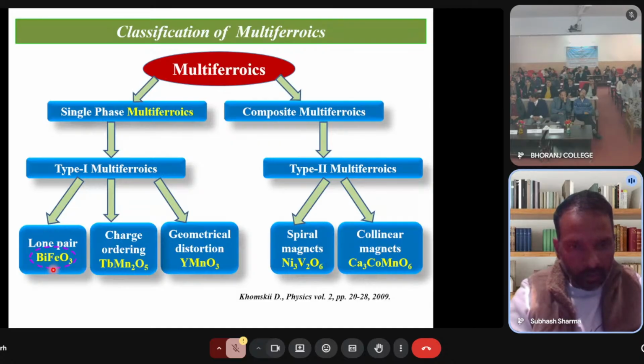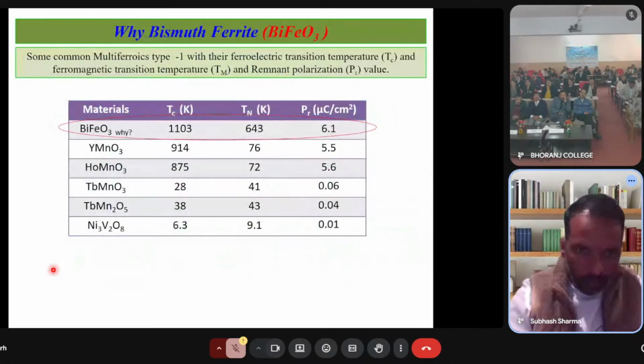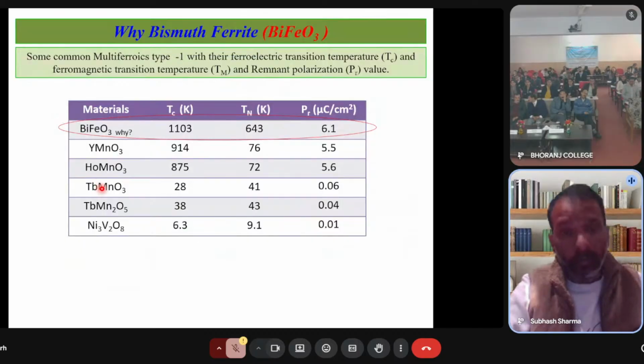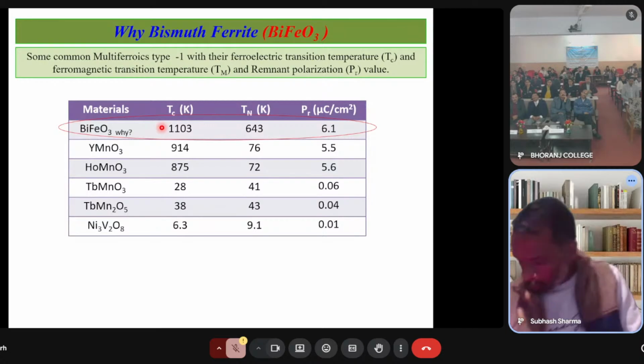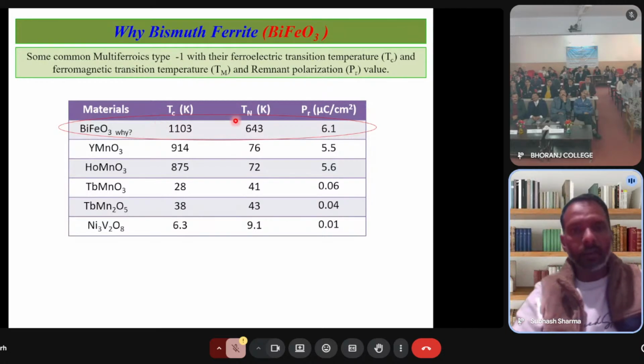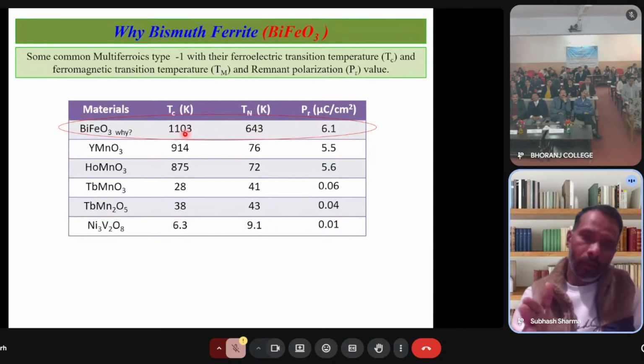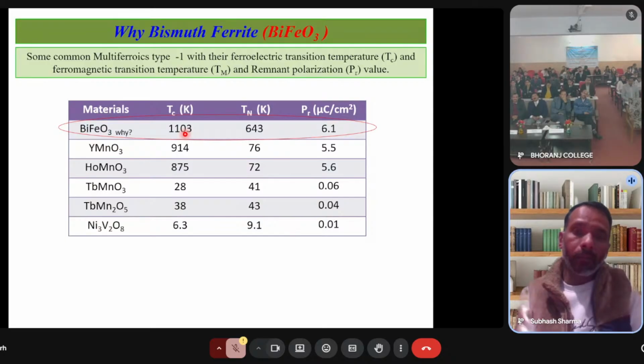Now the question is: why BFO? If you see in the table, we have many multiferroic materials. I am listing here TC and TN. TC is the transition from paraelectric to ferroelectric, and TN is the transition from antiferromagnetic to paramagnetic.